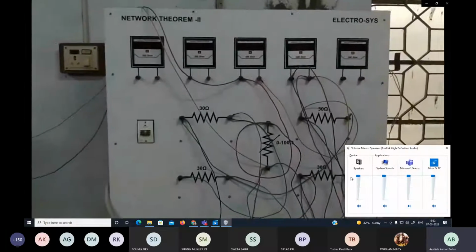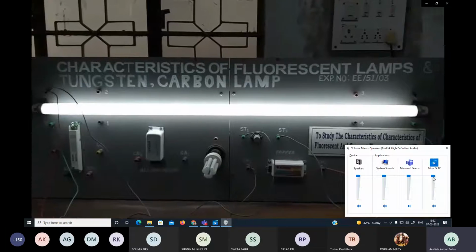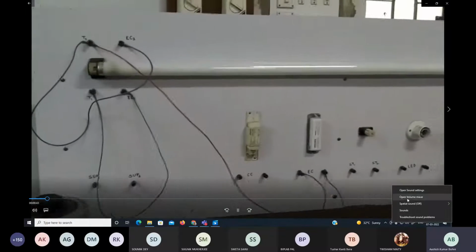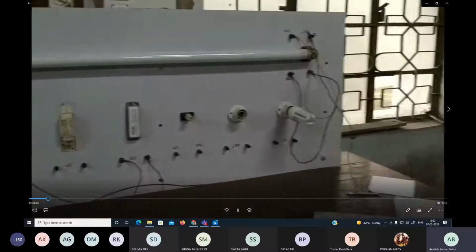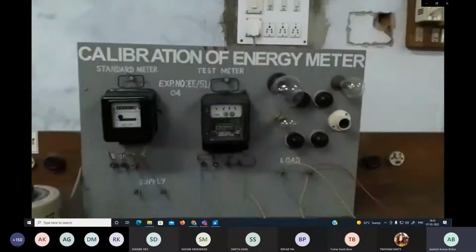Another setup for this. Then this is the fluorescent lamp, with the same setup for this. And here is calibration of energy meter.